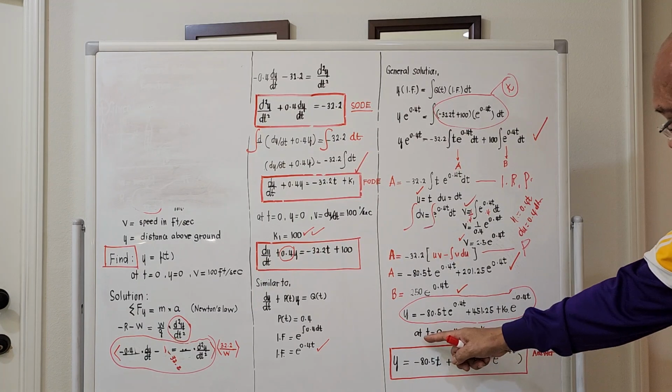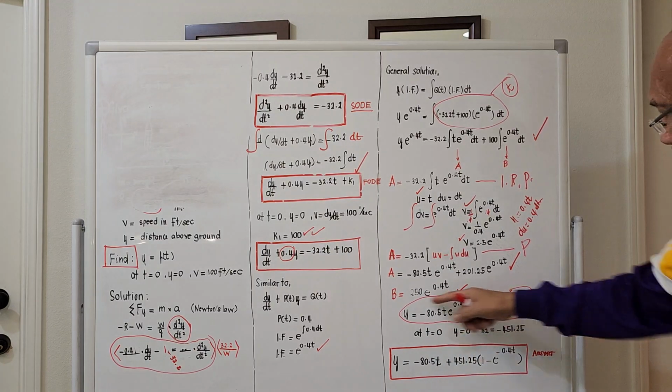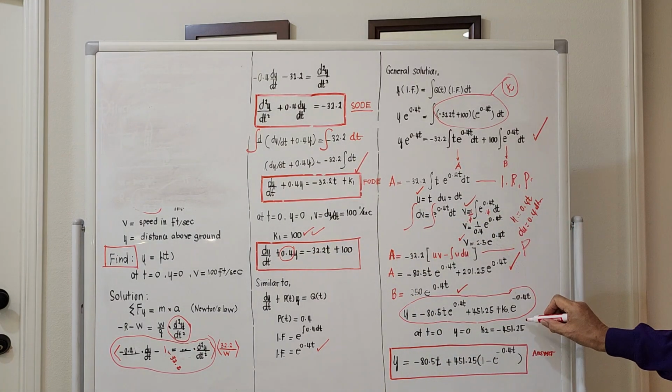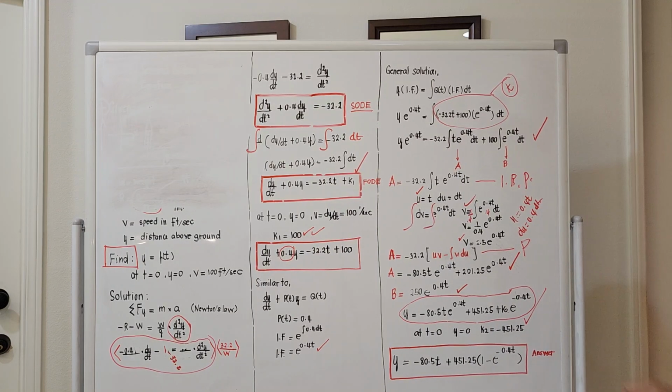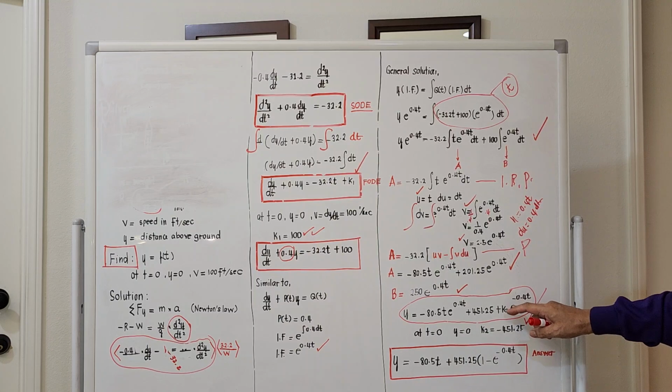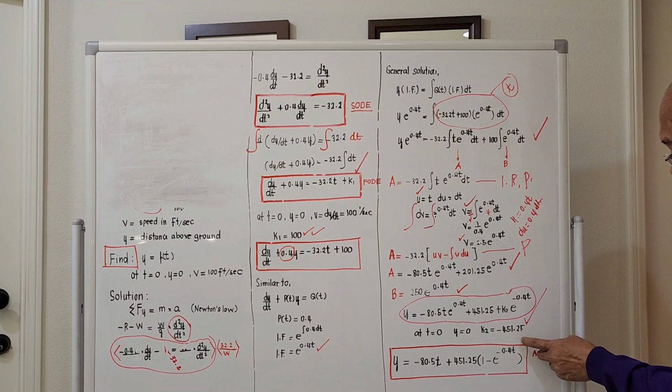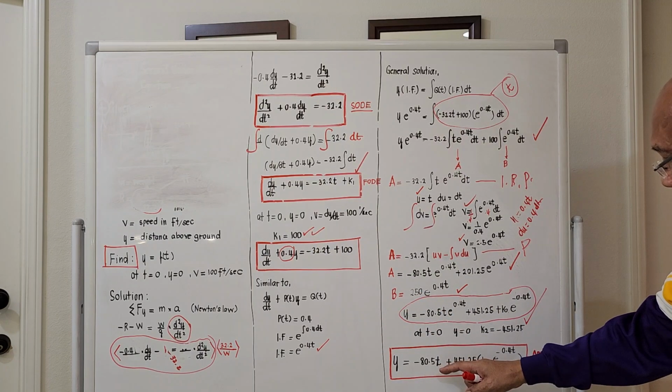If you put t equal to 0 and y equal to 0 back here, then simplify, what comes out for the value of k2 will be negative 451.25. You place back this k2 over here, there's a common factor 451.25. So this is now 451.25 times the quantity 1 minus e raised to minus 0.4 t. But the first part is actually negative 80.5 t.